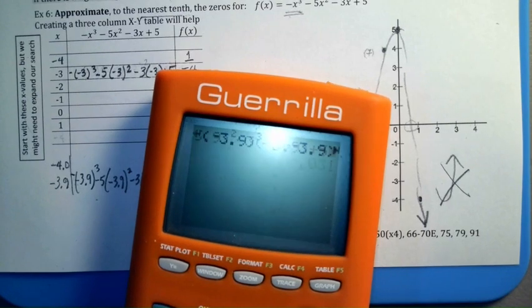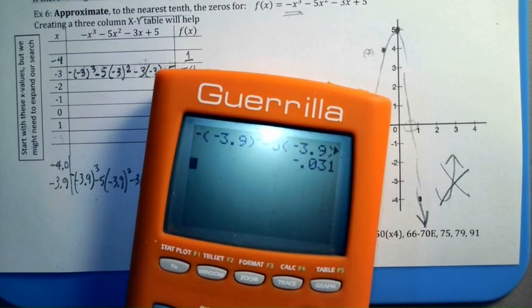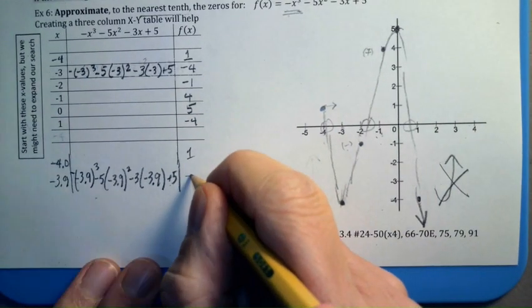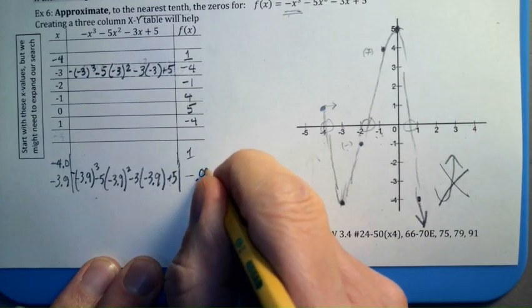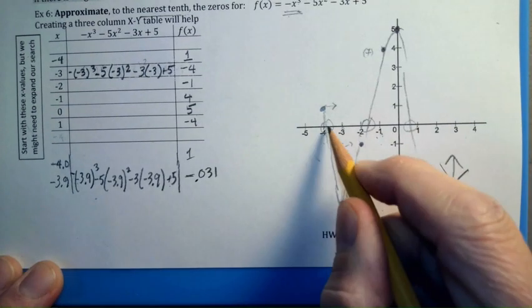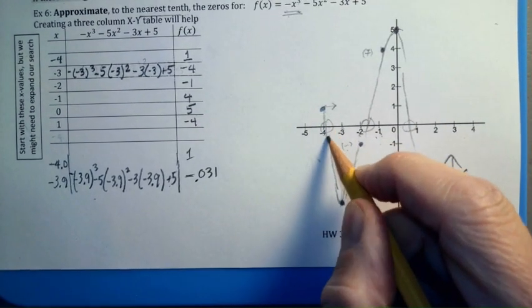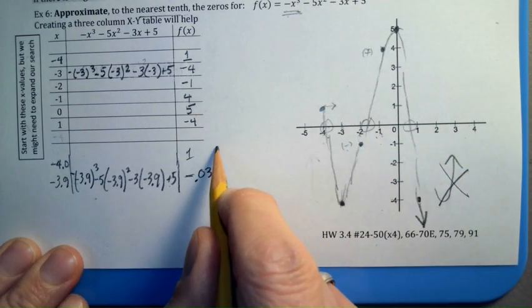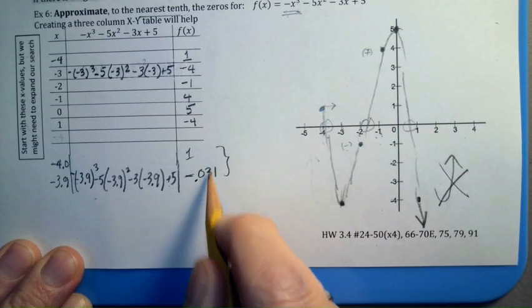Let me hit enter, and I get -0.031. Now notice, going over just a tenth took me down, and now I'm negative. So that means there's a 0 between these two.